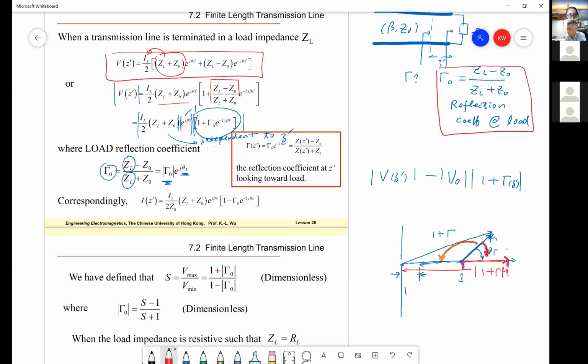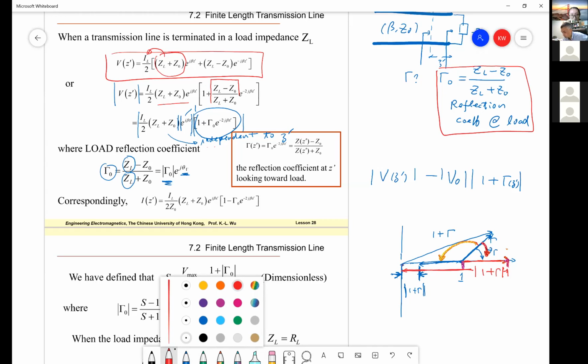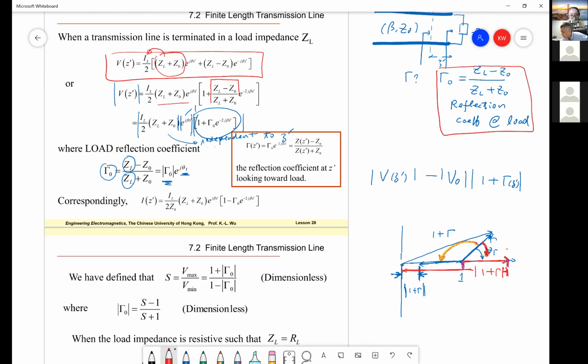This is the first case, right? So once I rotate this vector to here, this becomes my 1 plus gamma, right? So for 1 plus gamma you have two options: one, you have a maximum value; one, you have a minimum value.